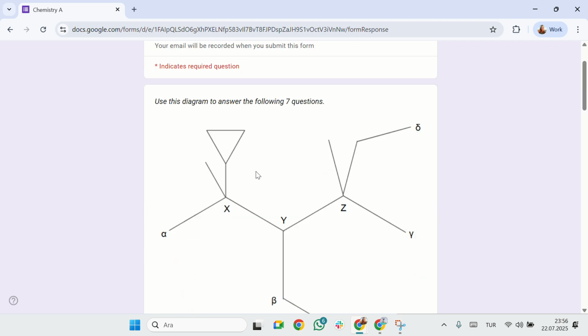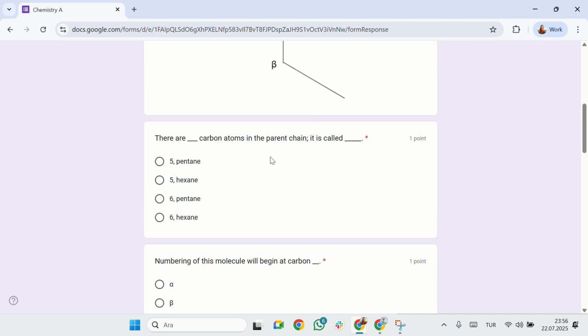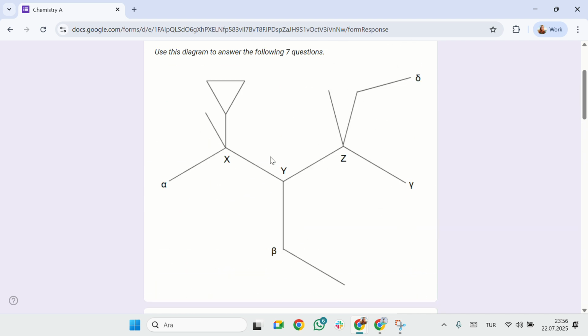So let's see the first question. There are blah blah carbon atoms in the parent chain. Parent chain. I think parent chain is something like the main chain.